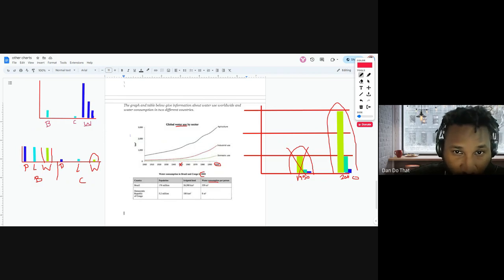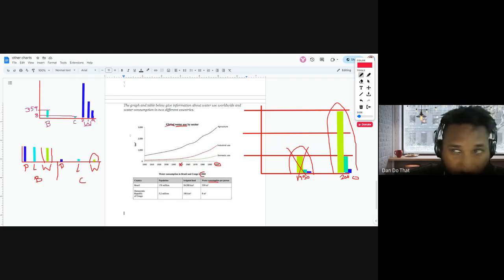This is for the whole world, global. Brazil is at 300 or 359. Congo is at 8. In the world, domestic, industrial, and agriculture.